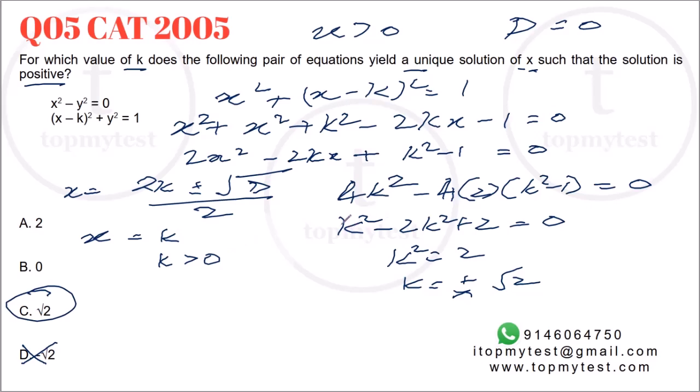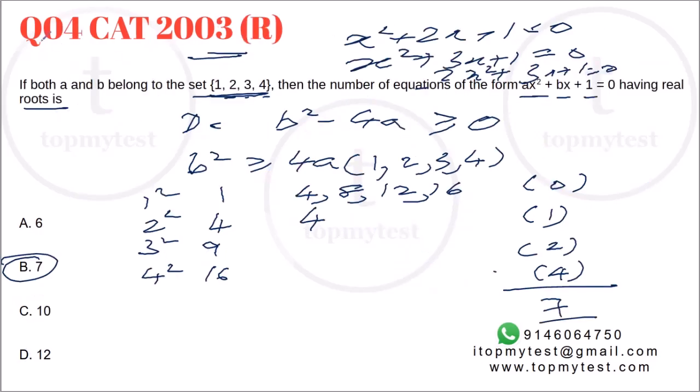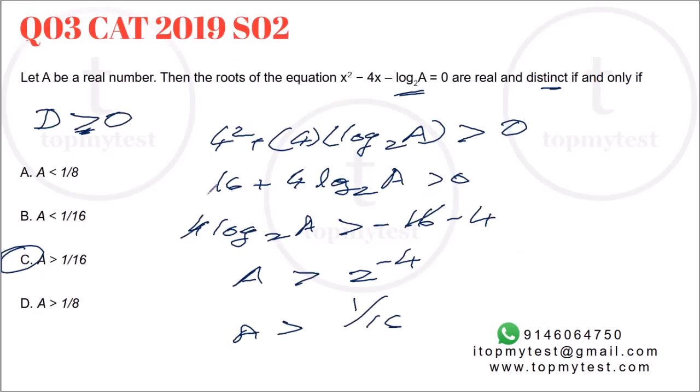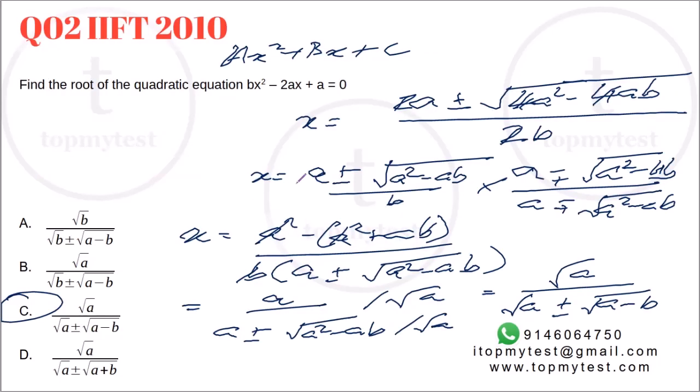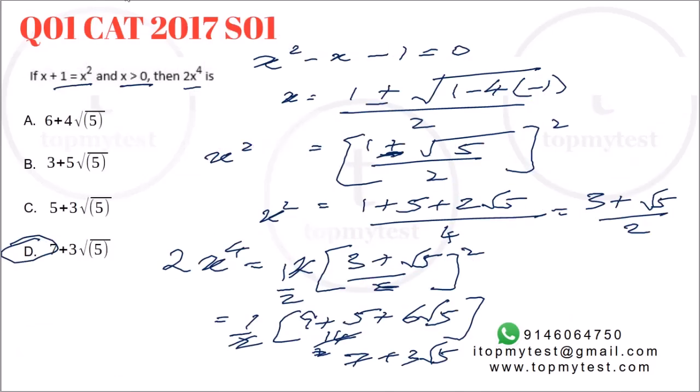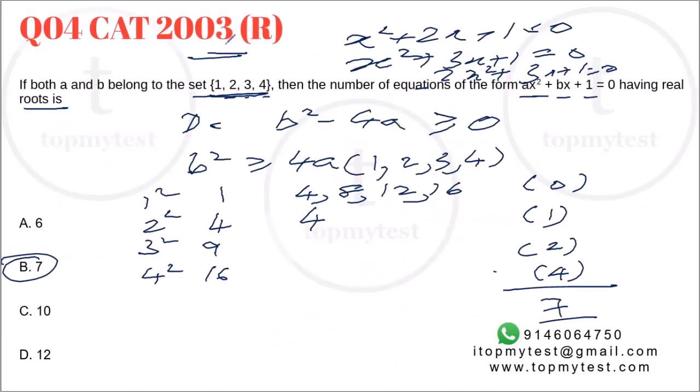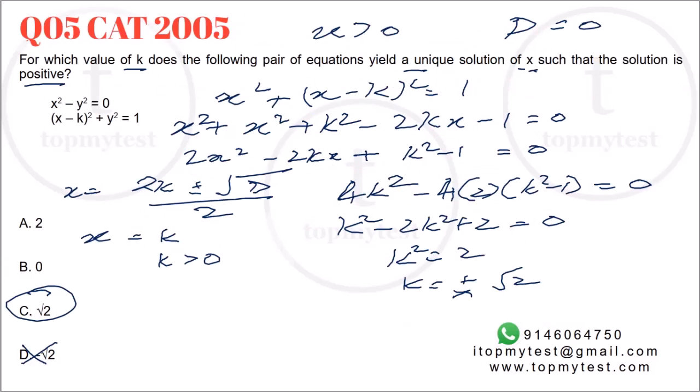So as you can see, if you understand the basic nature of quadratic equations, the questions are not very difficult to solve. As we discussed earlier with both progressions as well as indices and logarithm, quadratic equations are again a low hanging fruit which you should definitely solve.